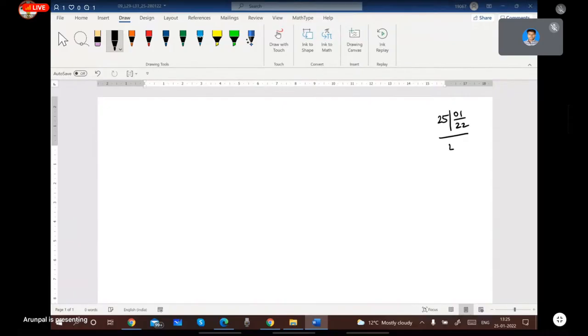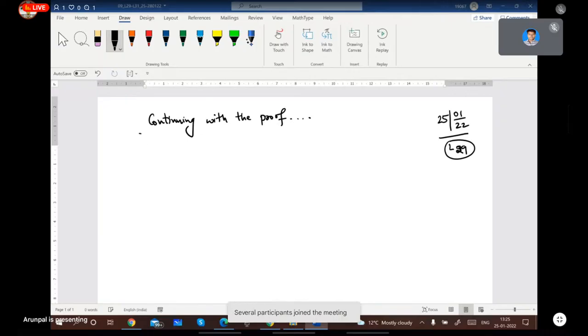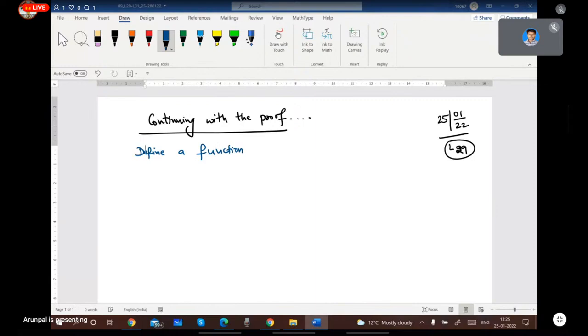So I'm continuing with the proof. Now define the function g from G into C as follows.